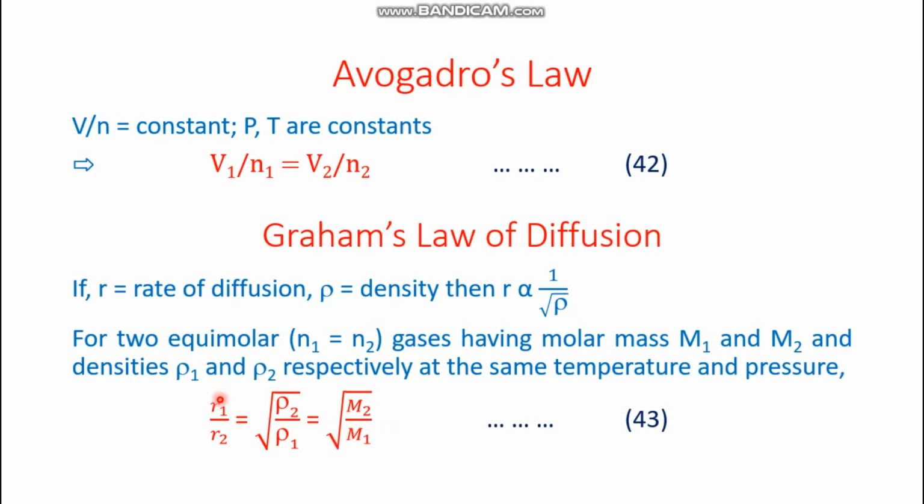That means R1 by R2 is equal to root over ρ2 by ρ1, which in turn is equal to root over m2 by m1, and this is equation number 43.